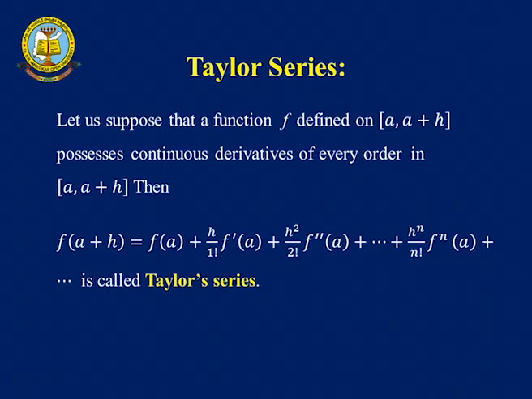It is very important; in problems they will ask to expand the function by Taylor series. So, once again I have explained the Taylor series: f of a plus h equal to f of a plus h by 1 factorial into f dash of a plus h square by 2 factorial into f double dash of a plus and so on, h power of n by n factorial into f power of n of a plus and so on, which is called the Taylor series.